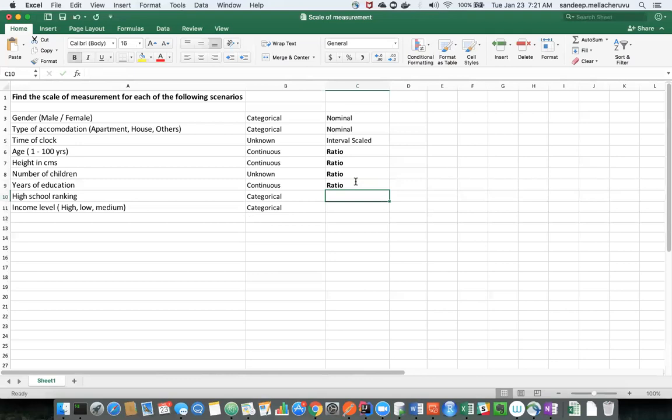High school ranking. This is interesting because ranking 1, 2, 3 might mean that it might be continuous, right? But there is no arbitrary 0, which means that this is not a continuous variable at all.